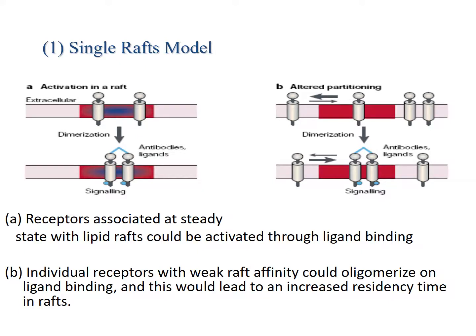So I just wanted to kind of do a callback to the lipid raft models. People try to figure out not only the structure of a lipid raft, but how does a lipid raft organize, or how are the receptors, whatnot, organized in a lipid raft? So in single lipid raft models here, receptors are associated at steady state, and it can be activated, and in this case dimerization occurs.